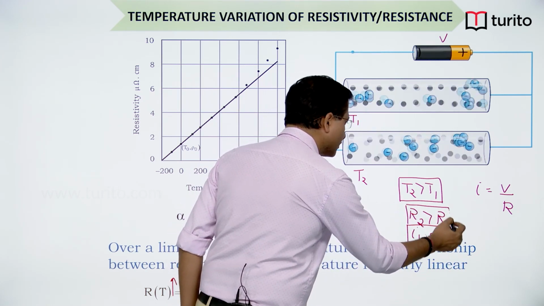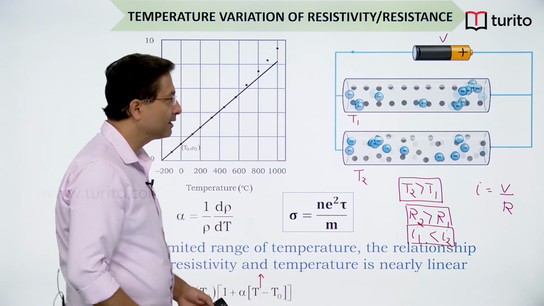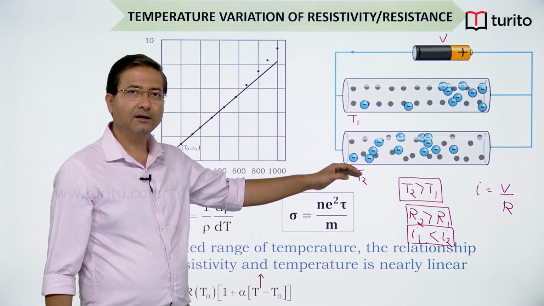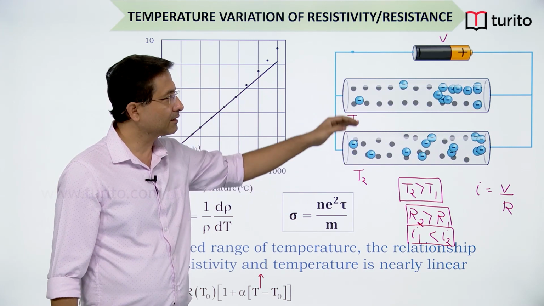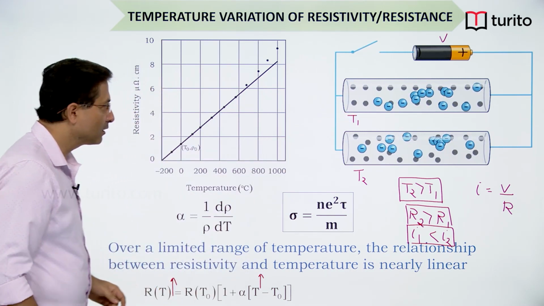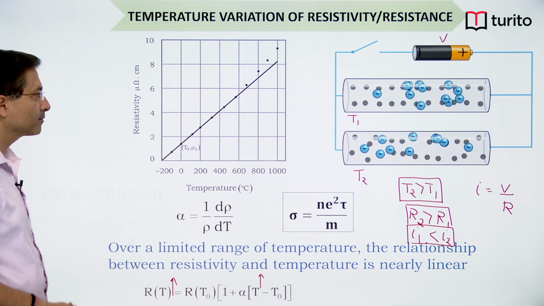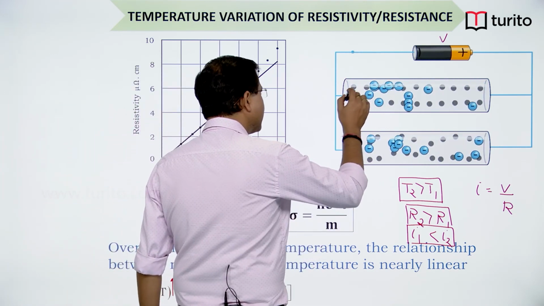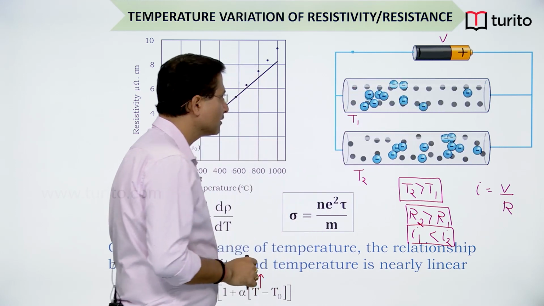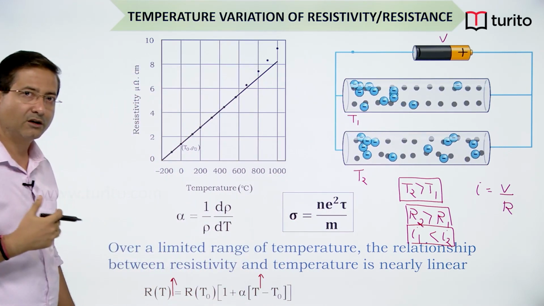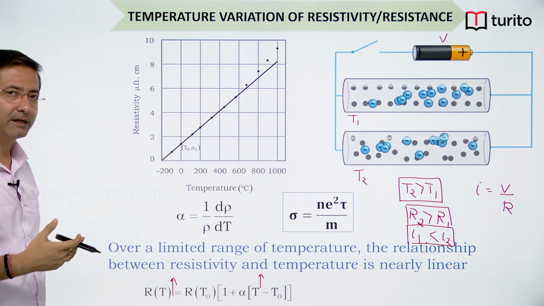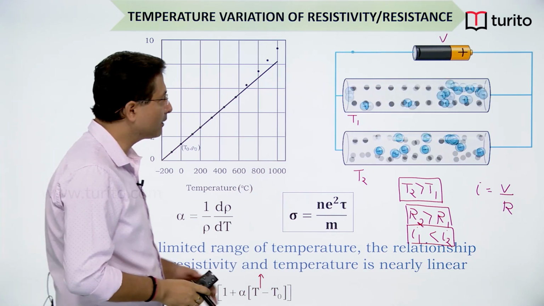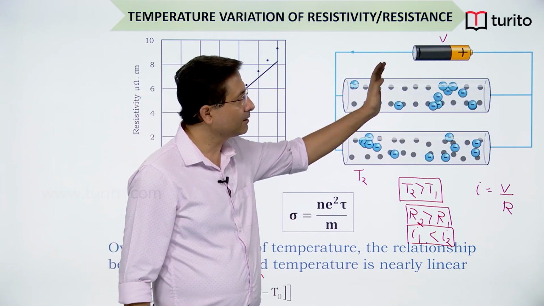So, this is the way all the quantities will be related if one is at higher temperature as compared to another one, right. And one more thing, because of the temperature you can see that these ions, they cannot move through the material, but because of the temperature they will be vibrating, right.